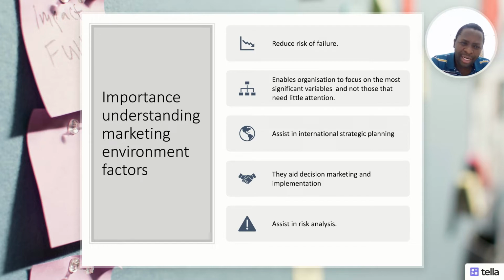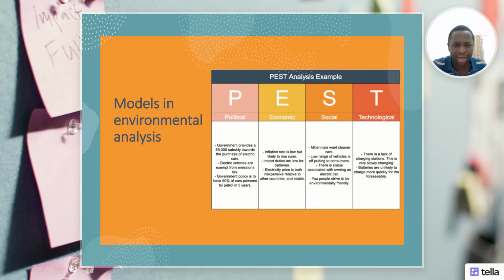It is important for organizations to understand the environment so that it can assist them in strategic planning, decision making, and also in risk analysis. You cannot just go into a global market without carrying out a thorough risk analysis of the environment.